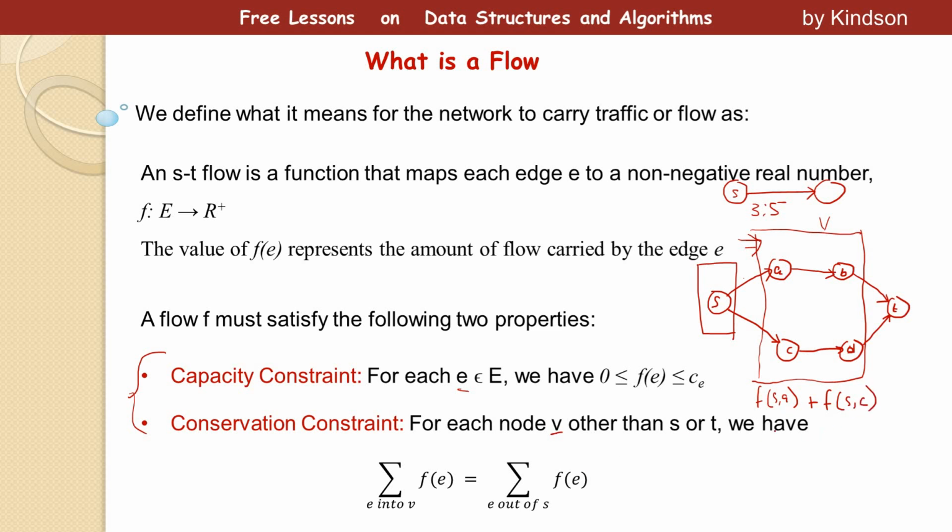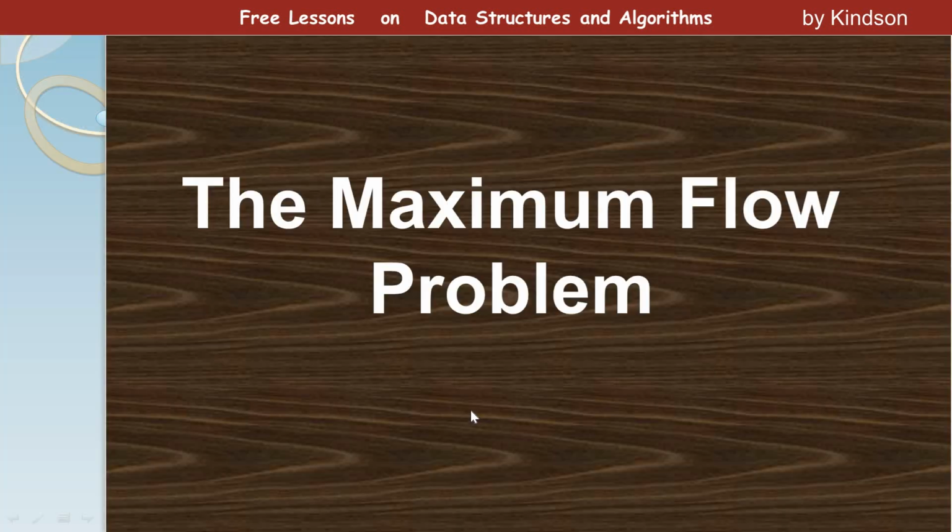So this is the flow coming out of S, right? So SA and SC. We say that the summation of this is the same as the summation of the flows going into this, which is ultimately the same as the summation of all the flows going into T. So that is conservation.